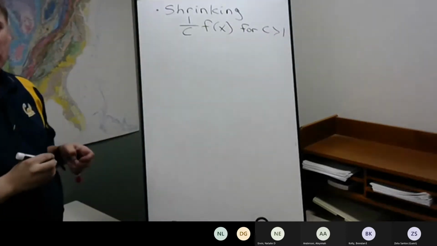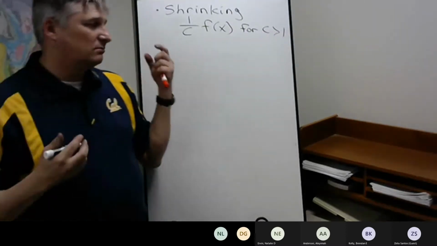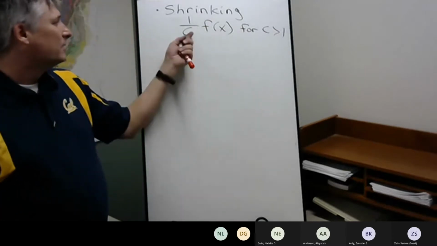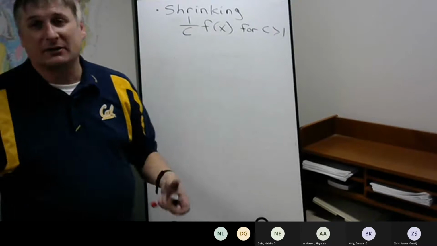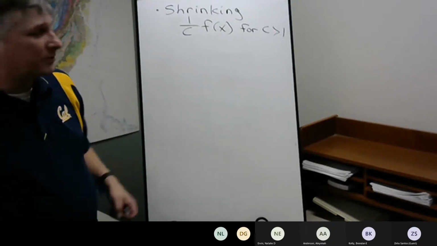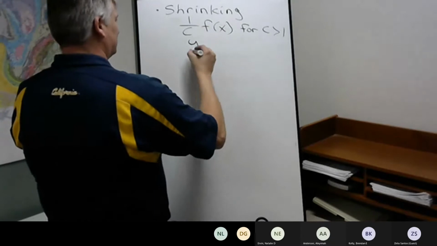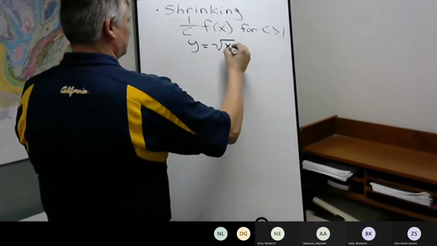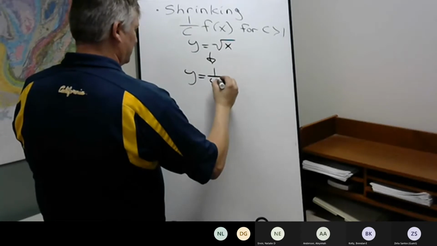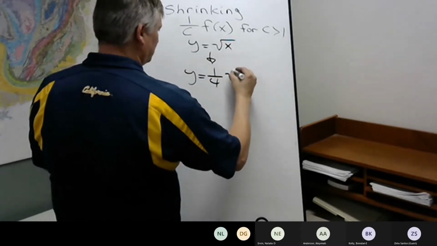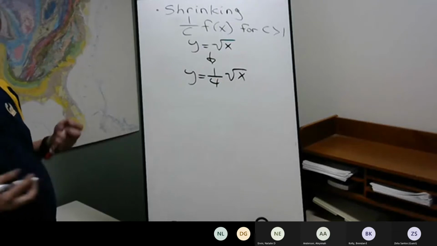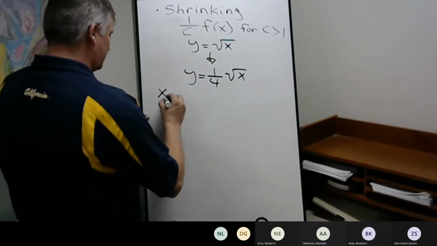Again, for c greater than 1. Now, c could be a whole number, could be a decimal, but as long as it's bigger than 1, multiplying f of x by 1 over c is going to shrink it. So again, we're going to take a look at y equals square root of x. I'm going to go with 4. See what this does.